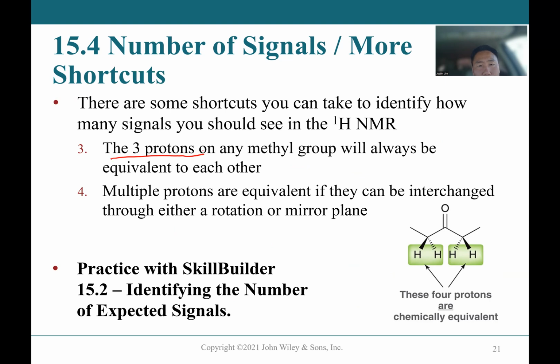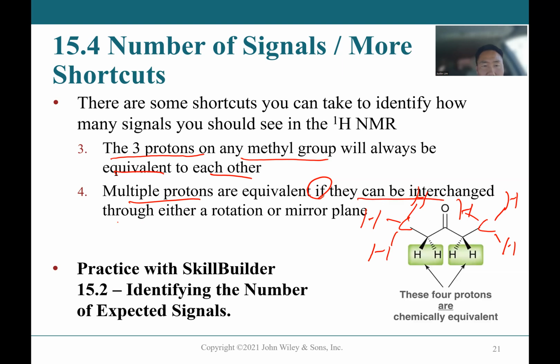The 3 protons on any methyl group, on this carbon there are 3 protons, and on this carbon there are 3 protons, are equivalent to each other. Multiple protons are equivalent if they can be interchanged through either rotation or mirror image.